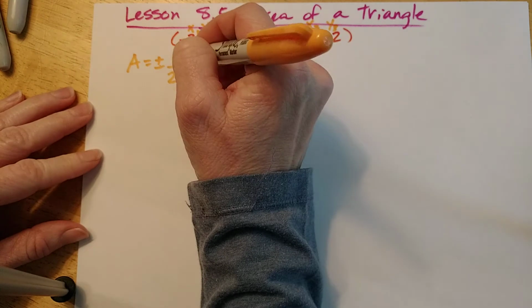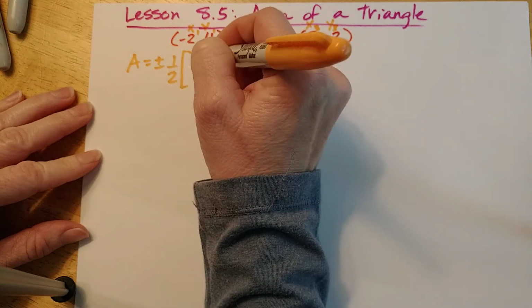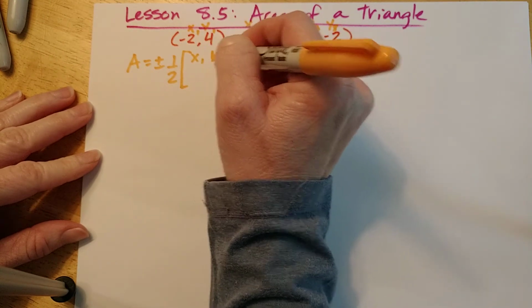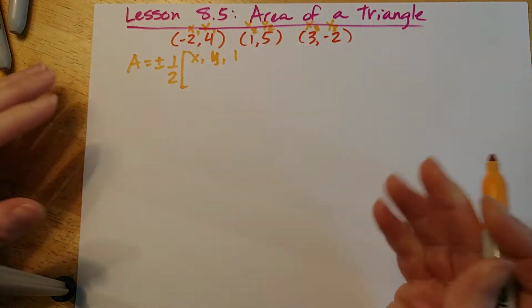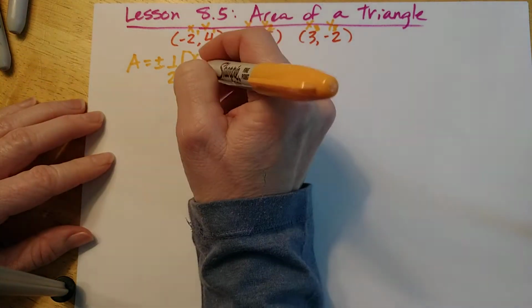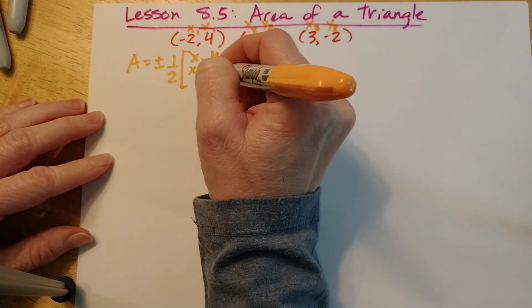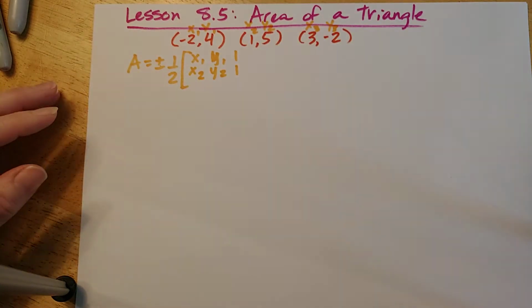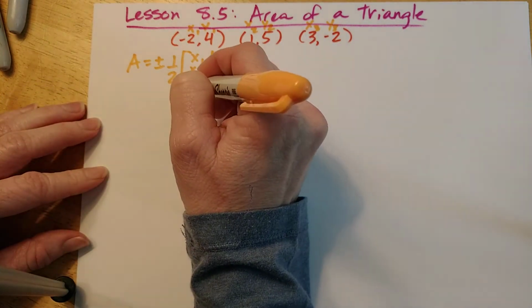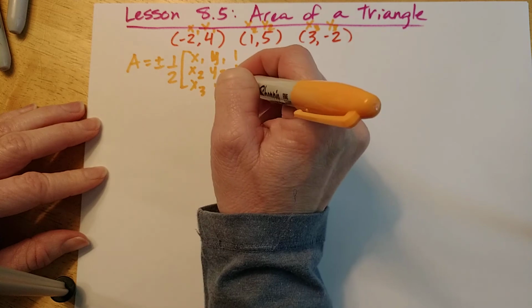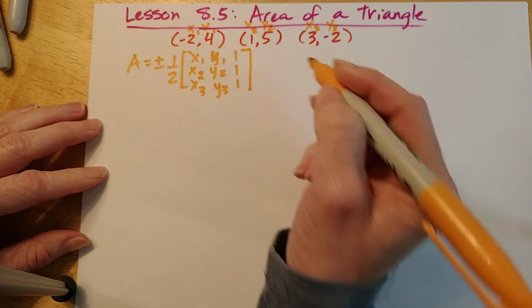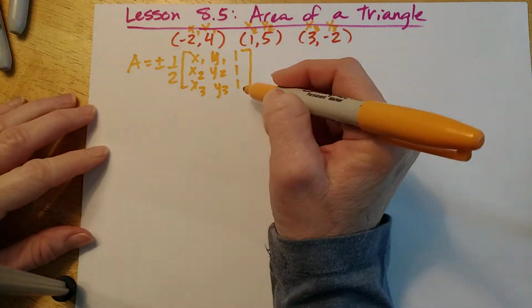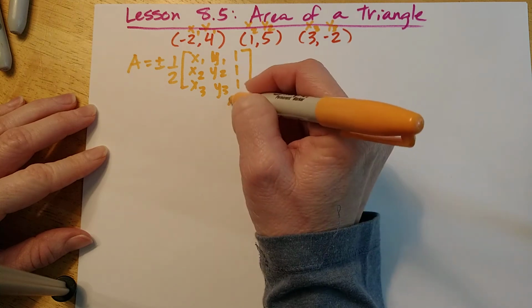So the formula is you're going to put X1, Y1, and then a 1, an actual 1, a number 1. And you're going to put X2, Y2, and the number 1 again, and then X3, Y3, and the number 1 yet again. So we need to find the determinant of all this stuff.